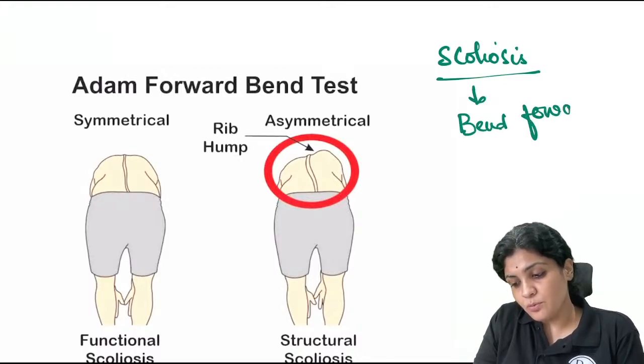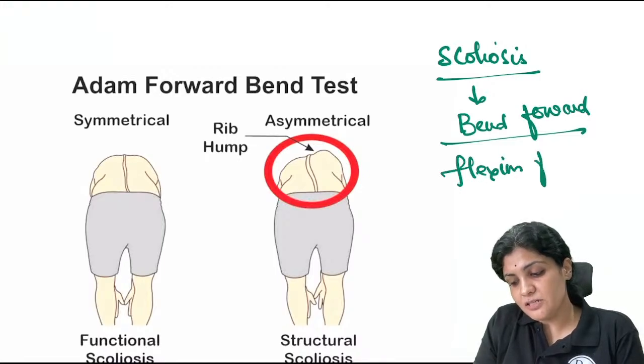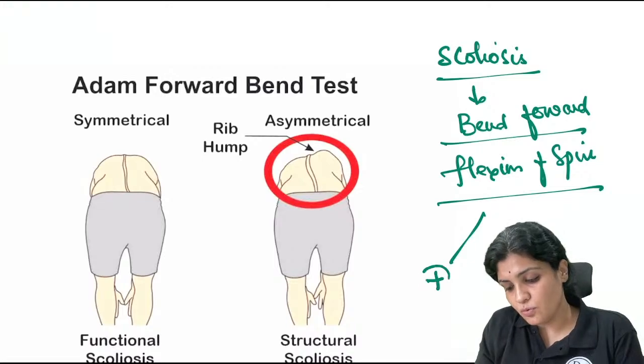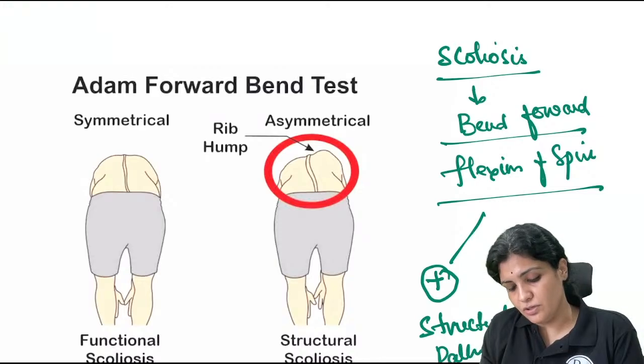So what you're doing is causing flexion of the spine. On flexion, if the scoliosis is present, then it is a structural or pathological scoliosis.